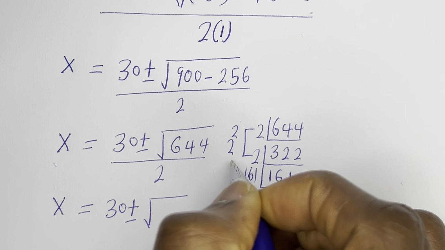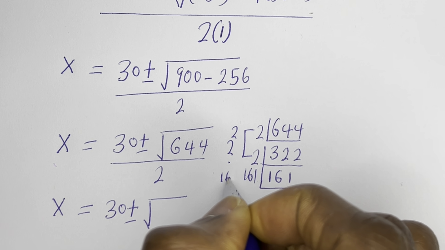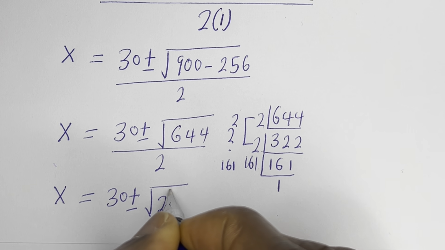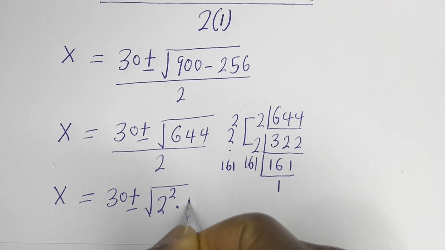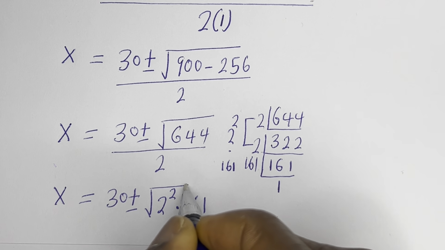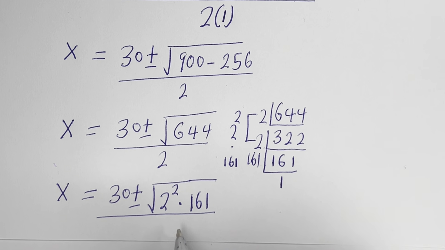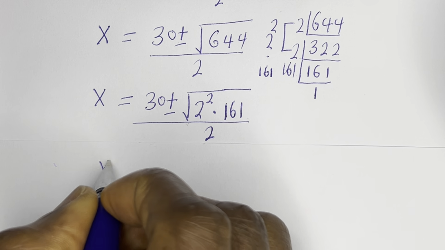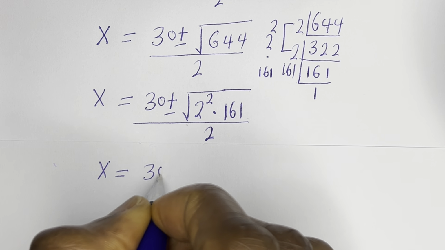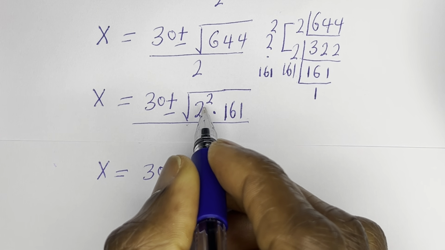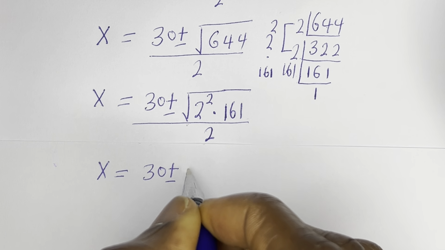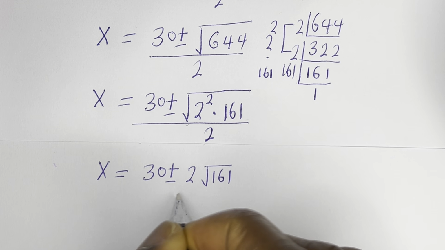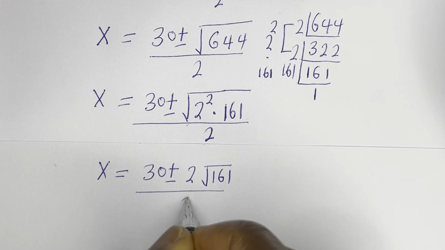So therefore, here we have 2 squared, then multiply by 161. So this is square root of 2 squared multiplied by 161 divided by 2. Then x is equal to 30 plus or minus square root of 2 squared, this is 2, then root 161, everything over 2.